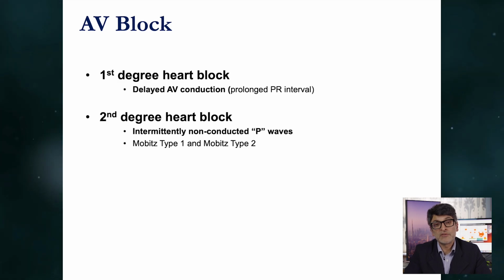But critically, the PR interval prolongs between each of these complexes. And eventually the PR interval becomes so long that the following complex gets completely missed. So you have a dropped QRS complex. But the key feature in type 1, or what we call Mobitz type 1 block, is that you get a prolongation of the PR interval before you drop a QRS complex.